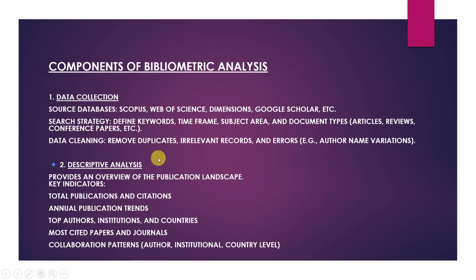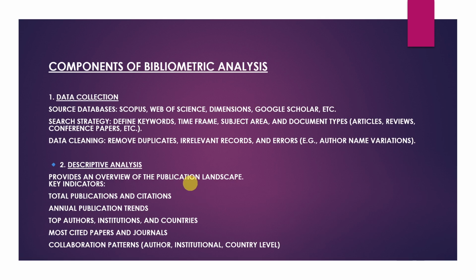The second is descriptive analysis. Bibliometric analysis provides you an overview of the publication landscape. For example, you will get information about the total publications and citations, annual publication trends of a particular domain or topic, top authors of a particular domain, the institutions and the countries.